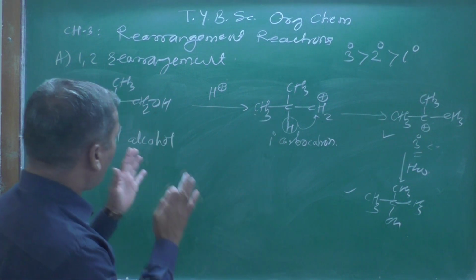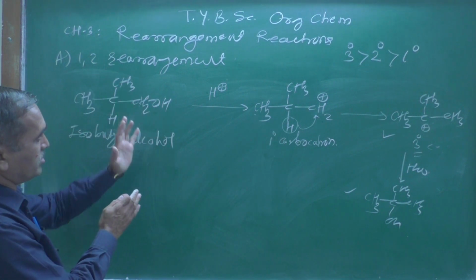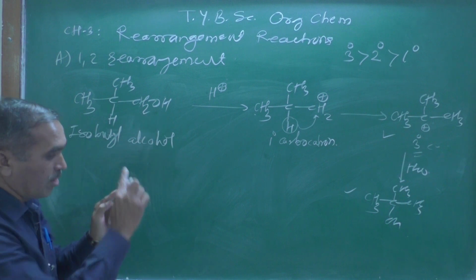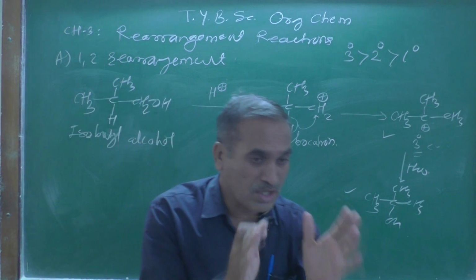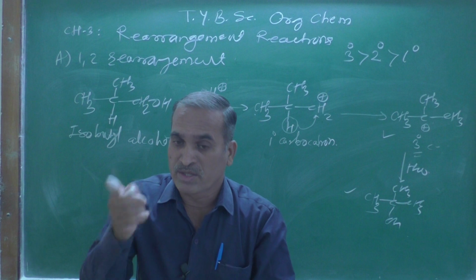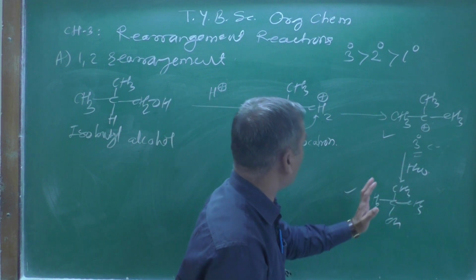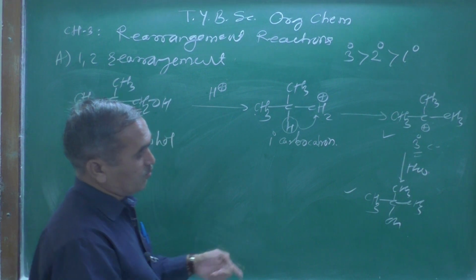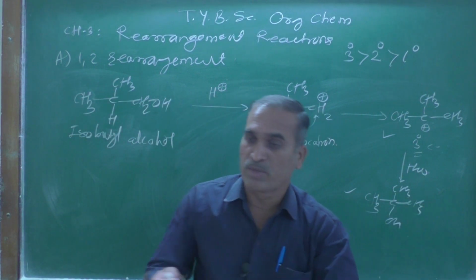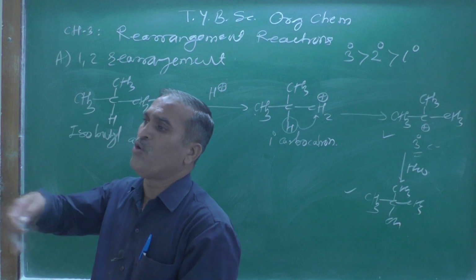Now look here, OH is at this position after rearranging within the molecule. This is an intramolecular rearrangement reaction, and we got this primary alcohol. If you look at this one, this will be the tertiary alcohol.